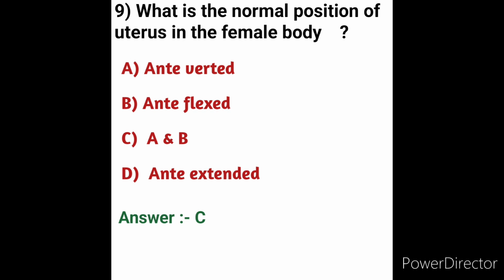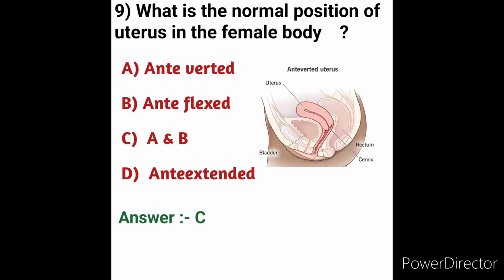Anteverted and anteflexed is the correct answer here. In this picture we can see an anteverted uterus, the normal position of the uterus, sitting on top and slightly behind the bladder, in front of the rectum.